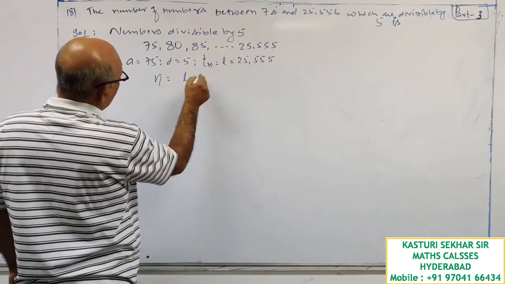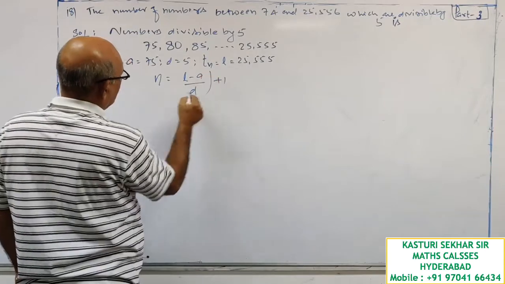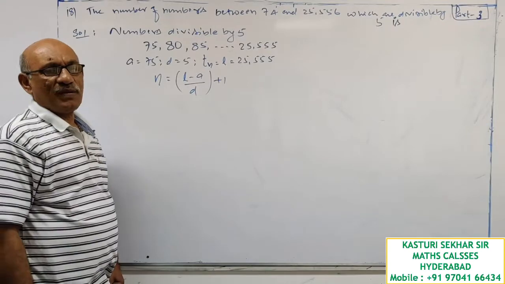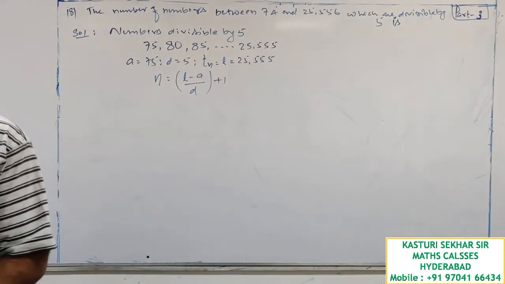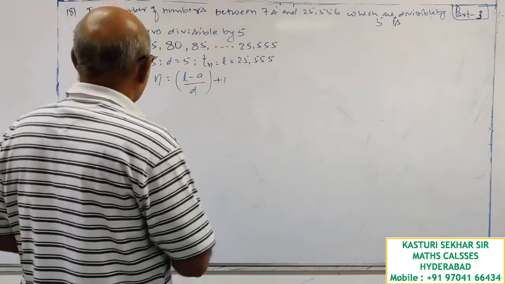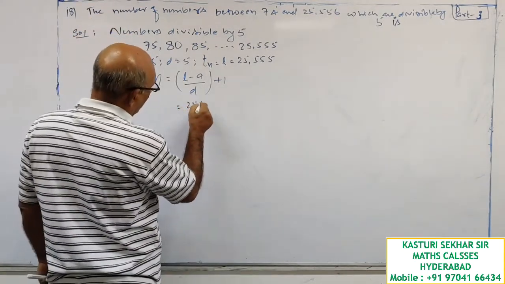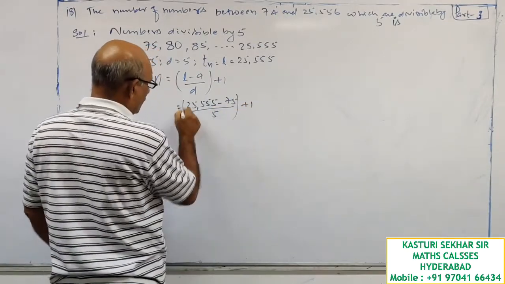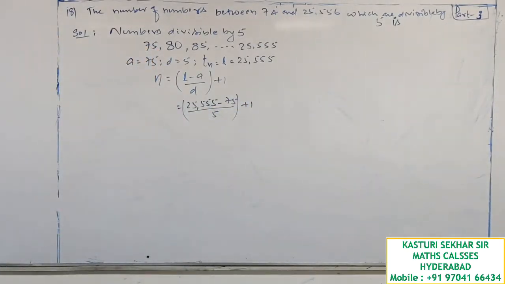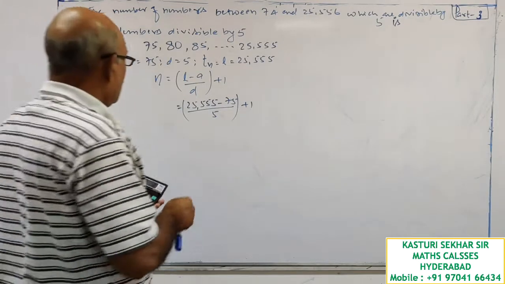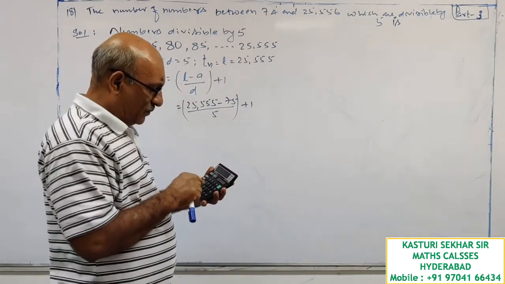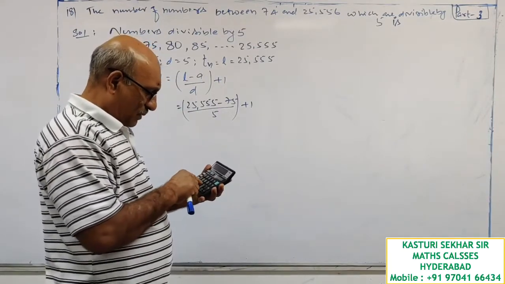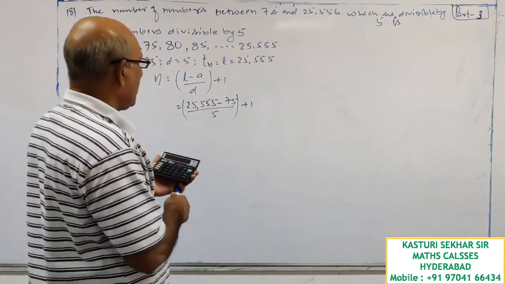Number of terms is equal to (l minus a) by d plus 1. Last term minus first term divided by common difference plus 1 will give you the number of terms. This is (25,555 minus 75) divided by 5 plus 1, which is 5,097.